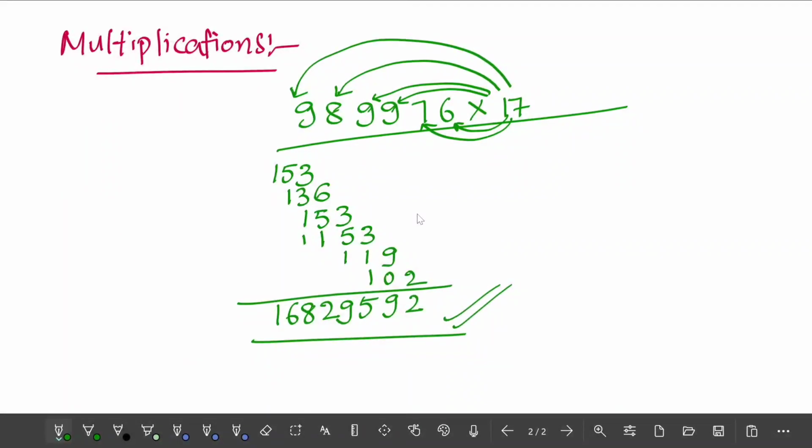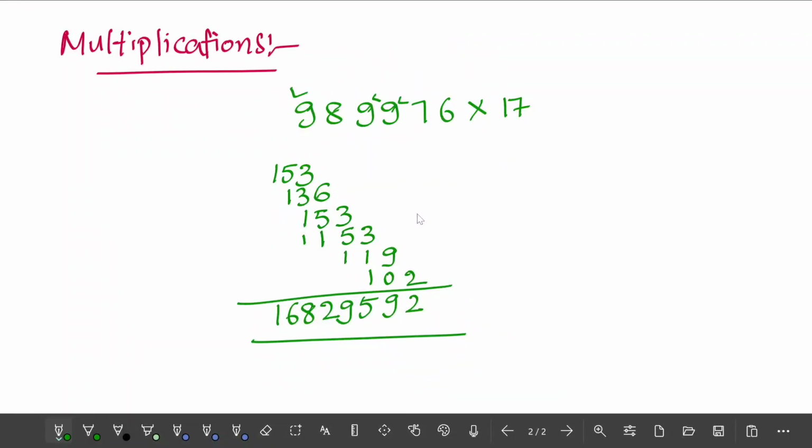And just imagine if we have to do the same multiplication in the school method, in the traditional method, our old method, wouldn't it be time consuming? It would consume a lot of your time, which is not recommended in the examination hall.